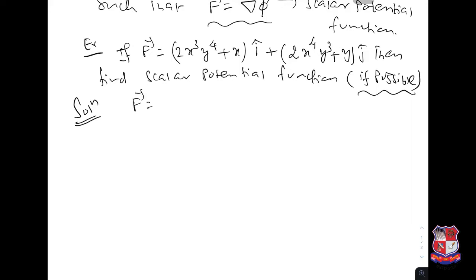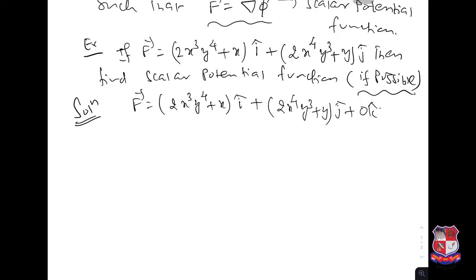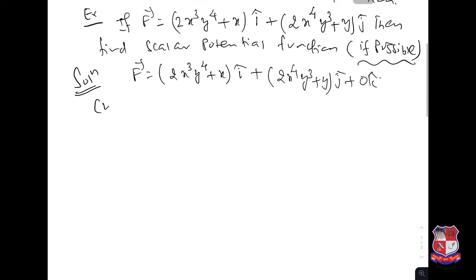So we are given f as (2x cube y power 4 plus x) i plus (2x power 4 y cube plus y) j, and we can write plus 0k. Let us find its curl of f. So that is del cross f.